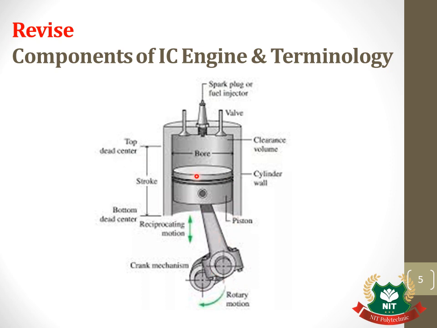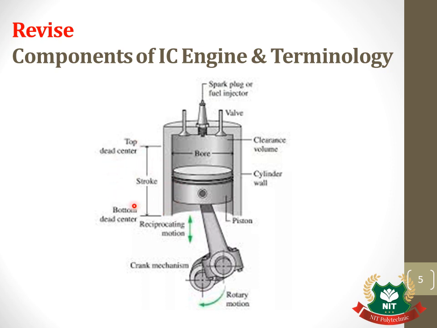About the engine terminology, we have the top dead center, commonly known as TDC, and the bottom dead center known as BDC. The piston moves from this TDC to BDC and BDC to TDC. The movement of piston from TDC to BDC is known as stroke. So, in one working cycle, there are a total of four strokes performed in an IC engine.